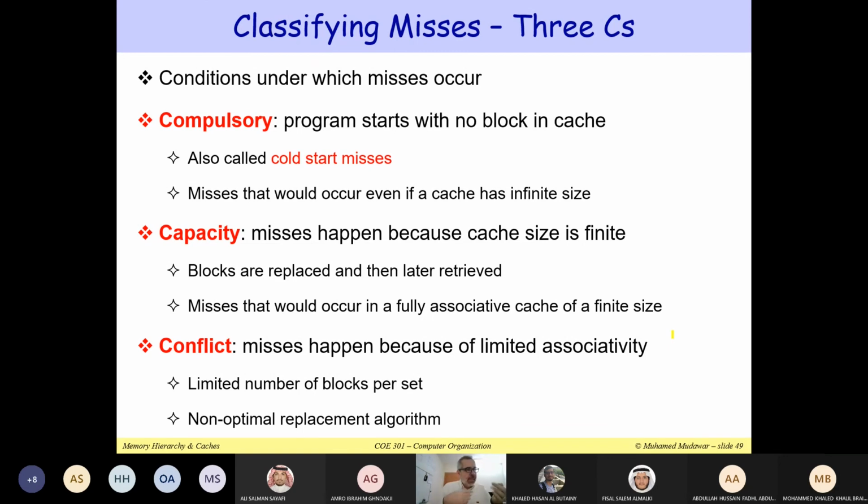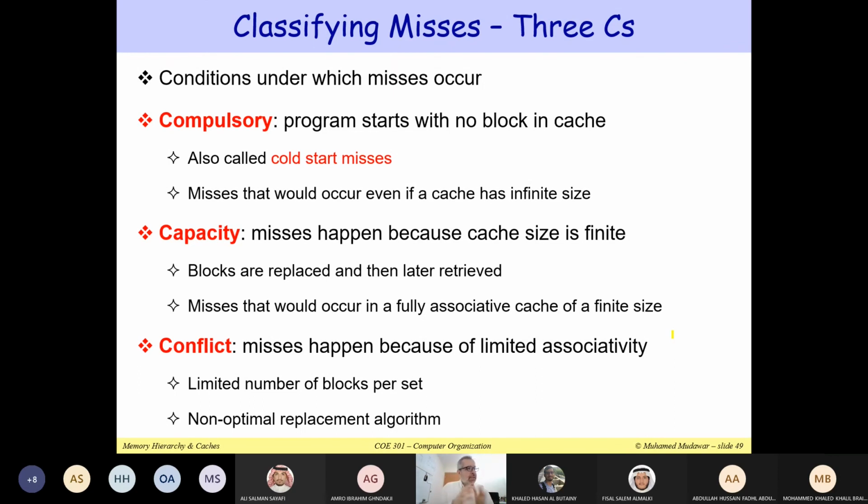Some smart caches try to prefetch blocks even before they are addressed. So basically the cache is trying to bring things from the memory into the cache even before the block is being addressed. We call these compulsory misses because this is the first time the program addresses this block. It has not addressed this block before.